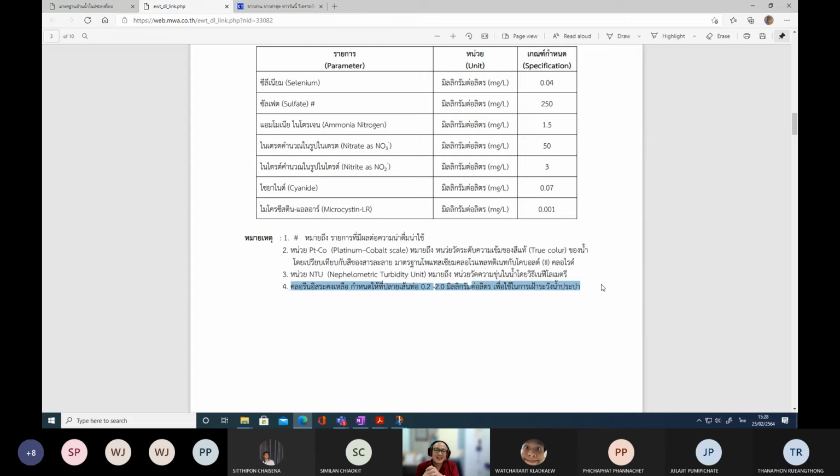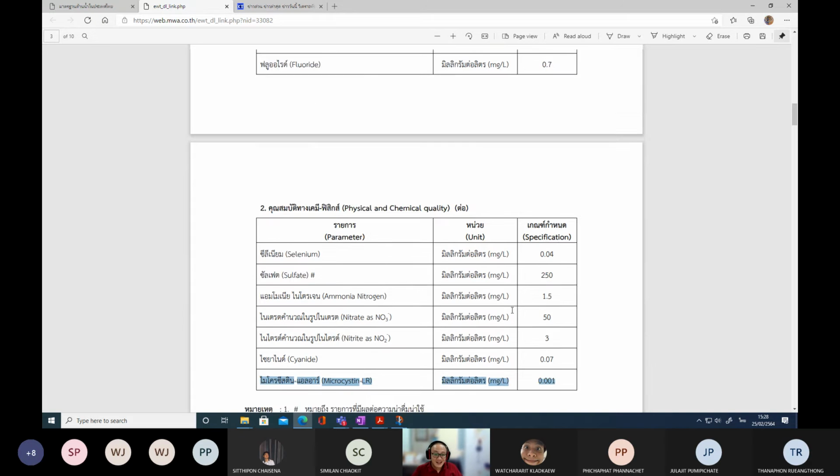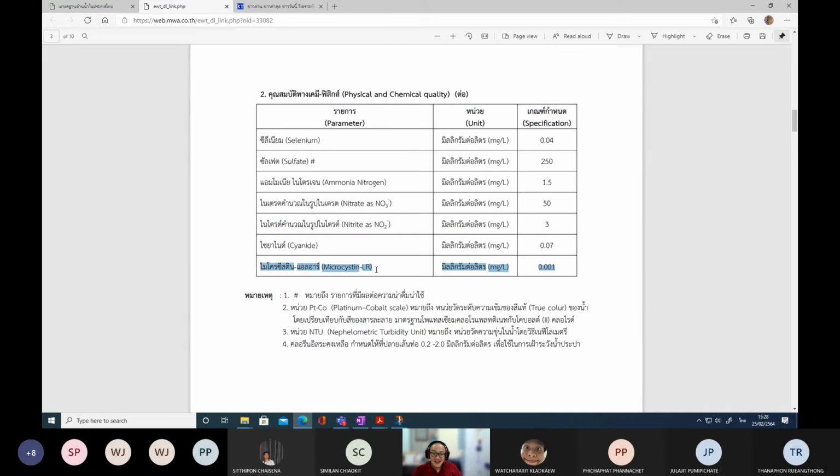Okay. Talking about this, I have seen something interesting. This one is the microcystin. This one is a toxin. It's a toxic substance produced from some types of algae. For ponds which are rich in algae growth, some types of algae release the toxic substance called microcystin.